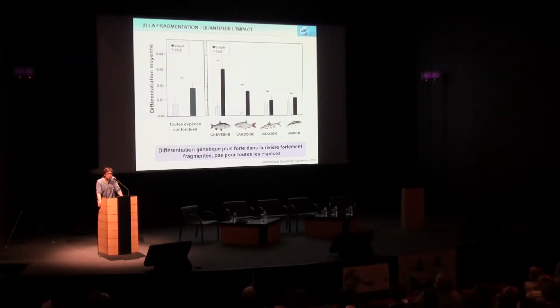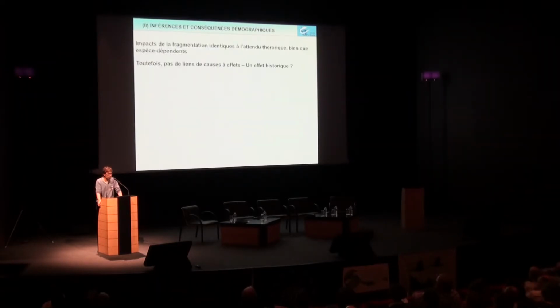Once again, we have empirical data following the theory. An important impact then on genetic differentiation. As I have said, we are happy because our empirical data follow the theory.